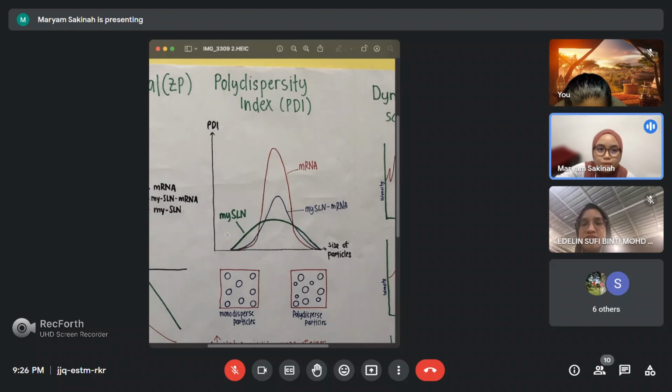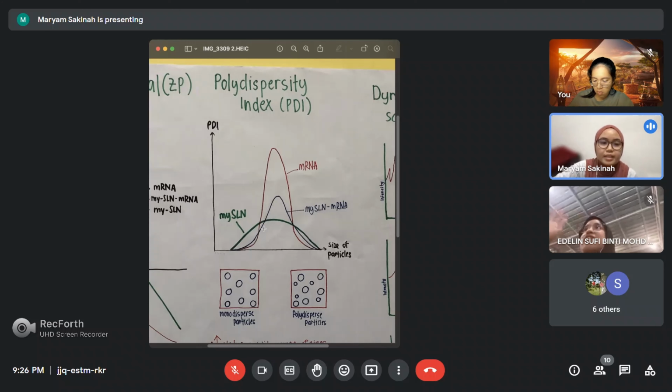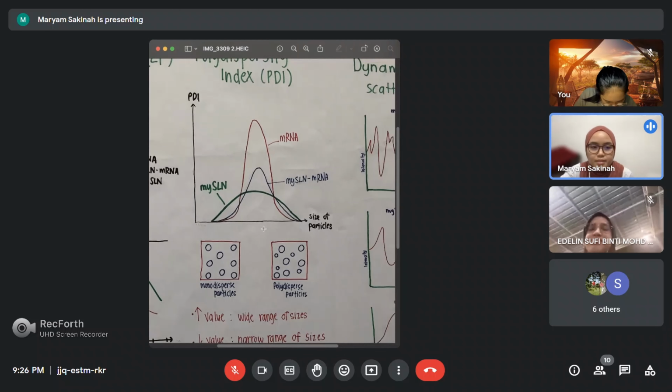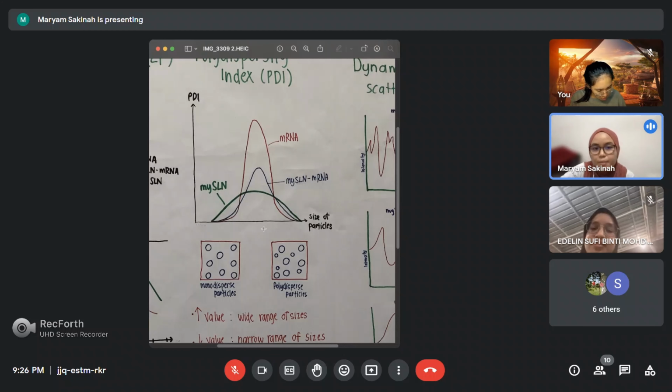Okay, I will continue with the polydispersity index, PDI. Here we can see the same components that Adeline has mentioned. The first one is MySLN, the second one is MySLN with mRNA, and the third one is mRNA.